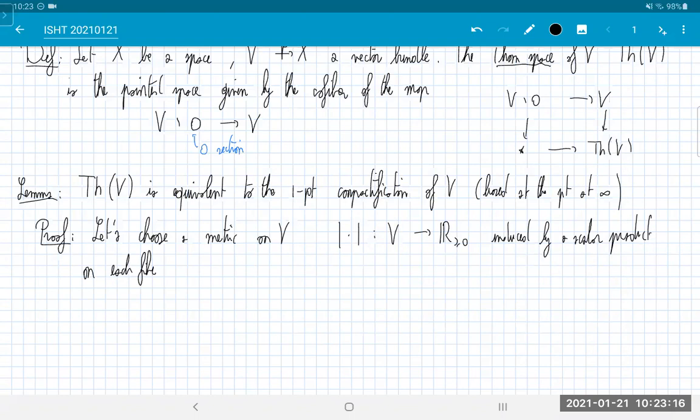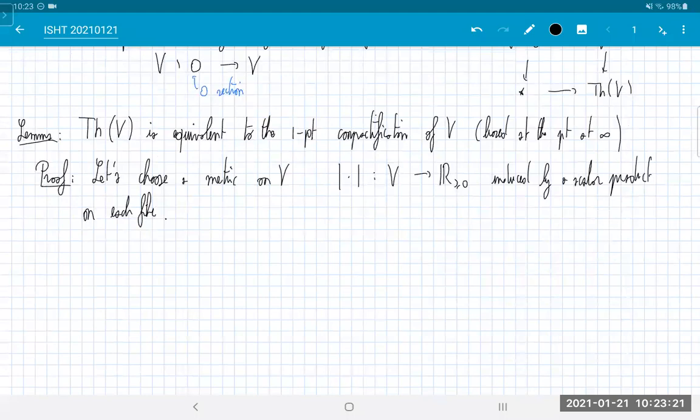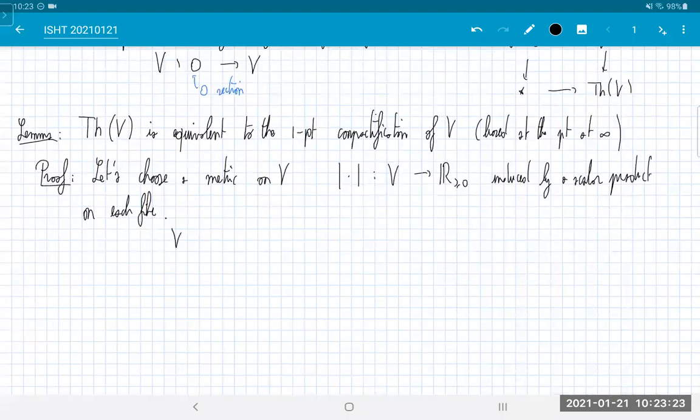If you want a quick way of doing that, given what we've done so far, but it's a bit of an overkill, but whatever, you have V lying over X. We know that it can be represented by some map to BO(n).